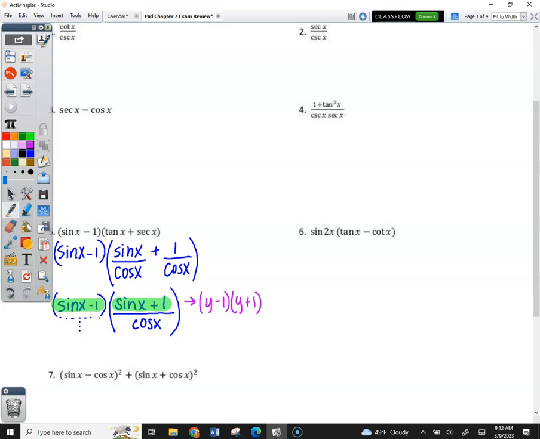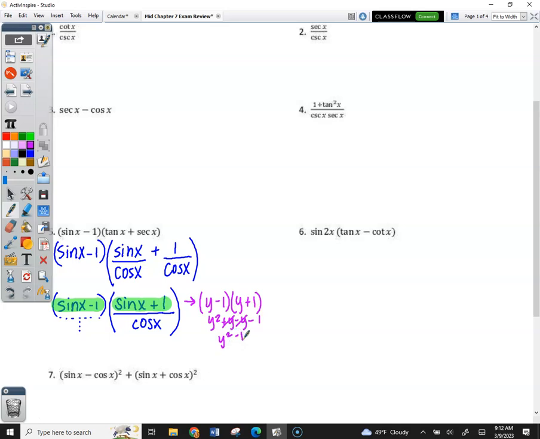It's a difference of squares. It's when they almost are identical, but there's one small difference, and it's that sign in the middle, which means when you multiply this out, the middle term disappears. If you multiply this out, first, outer, inner, last, you're going to end up with y squared plus y minus y minus 1, those cancel, and you end up with y squared minus 1.